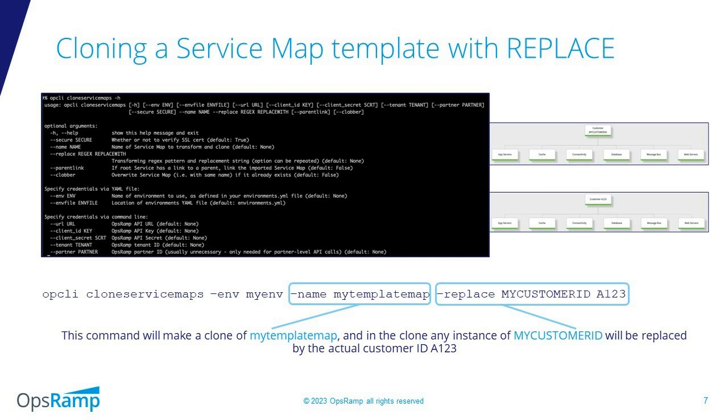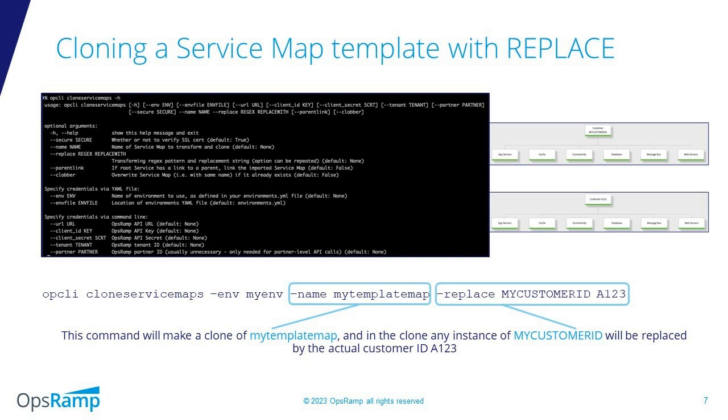And we're going to clone this template service map, and we're going to replace wherever we see my customer ID in the definition of that service map with this other string A123, which is an actual customer ID in this case. So you get the idea that we start with this template service map, we do the clone, and then we have produced from that template service map a standard service map for customer A123.